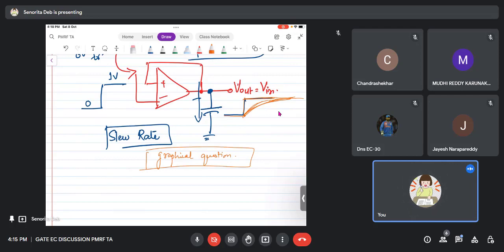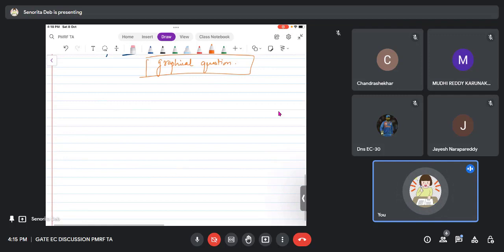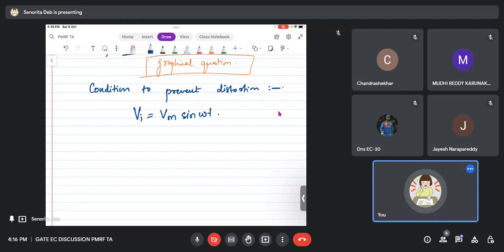So let us see the condition to prevent distortion because of slew rate. When we do this derivation, we consider a sine wave. The input I am taking as Vm sine omega t, where Vm is the amplitude.